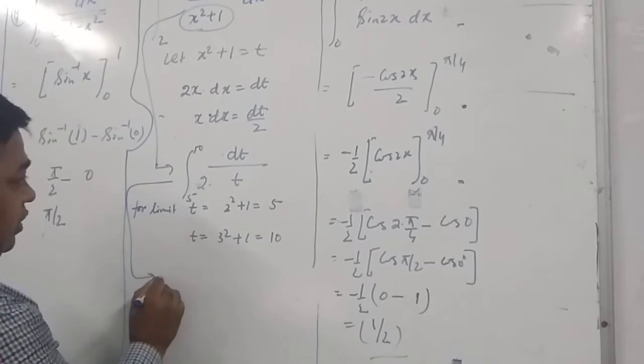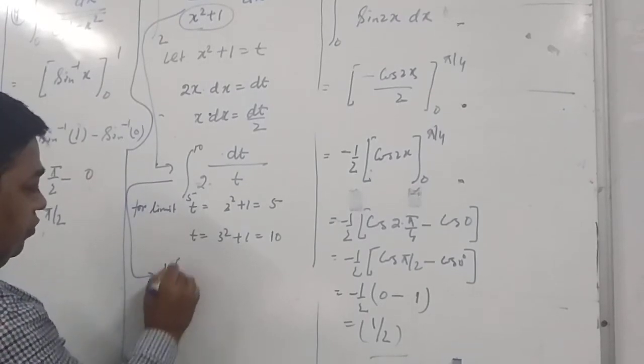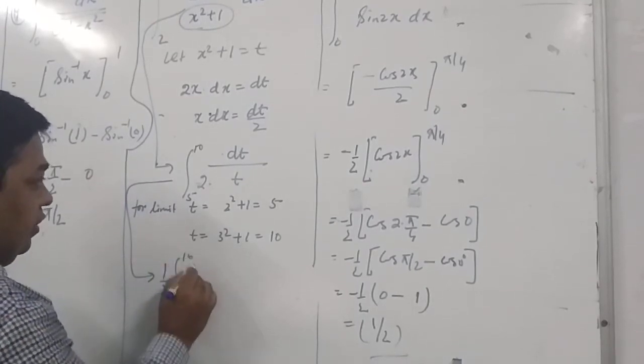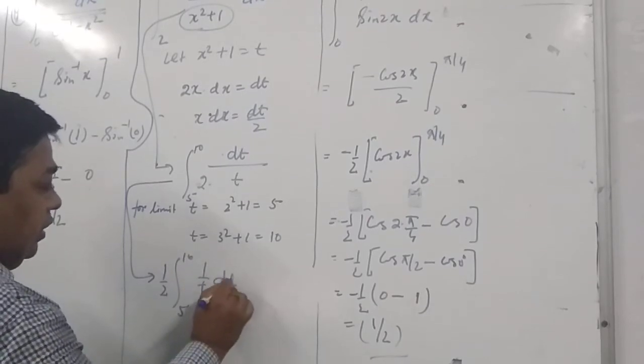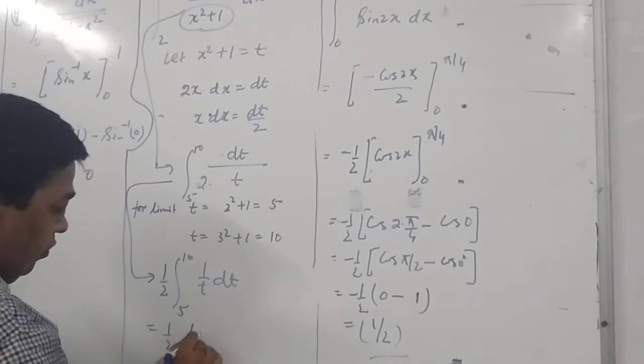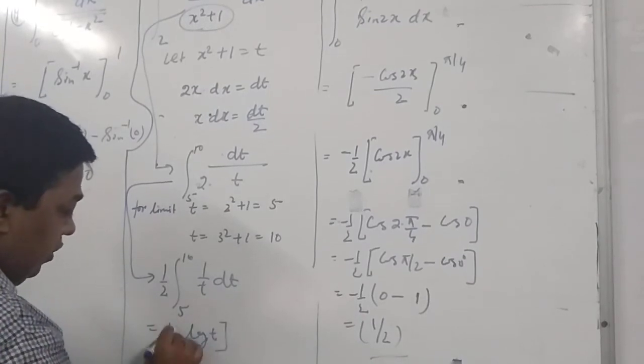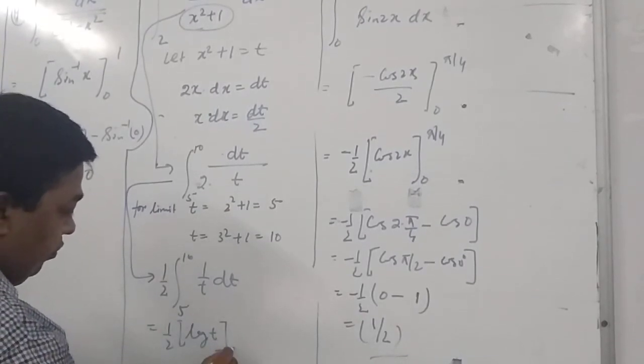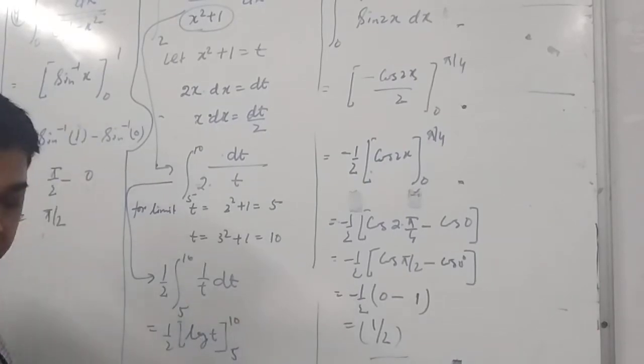So the next stage: 1 upon 2, from 5 to 10, of 1 upon t dt. Its value is 1 upon 2 log t, from 5 to 10.